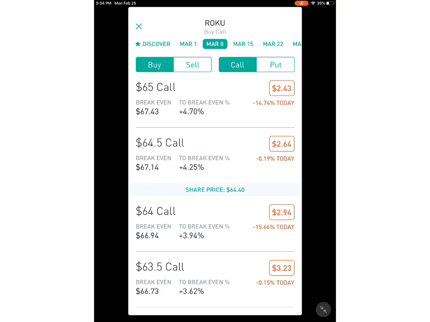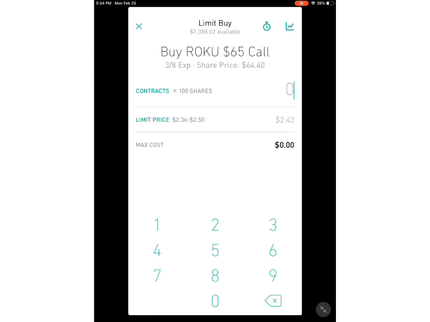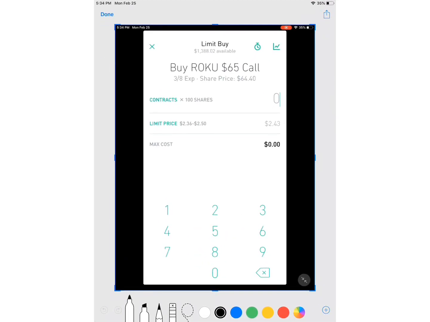And the limit is usually set halfway between the spread. So bam, I clicked on that 2.43. Let's get right into it. This right here is your spread, aka your limit prices.